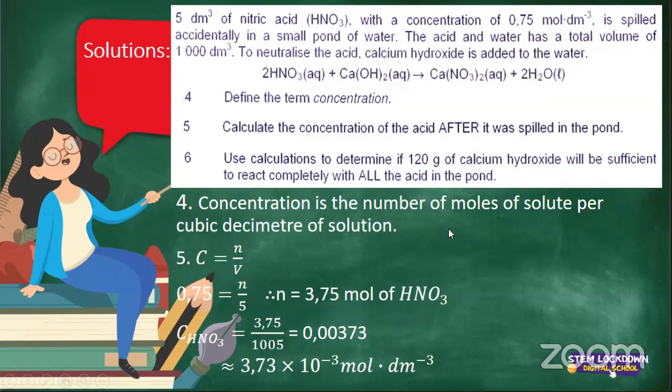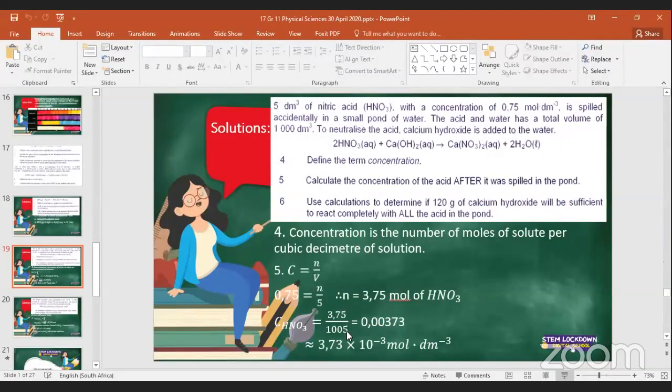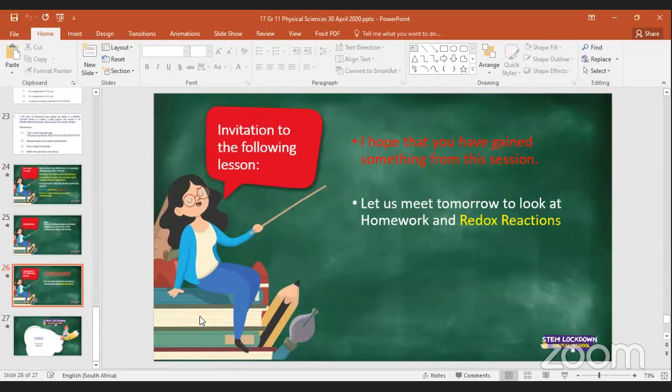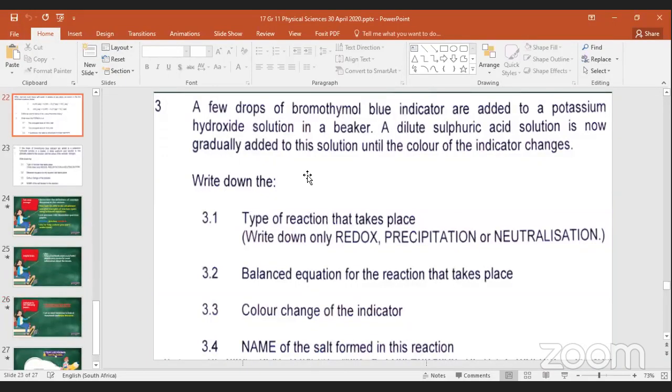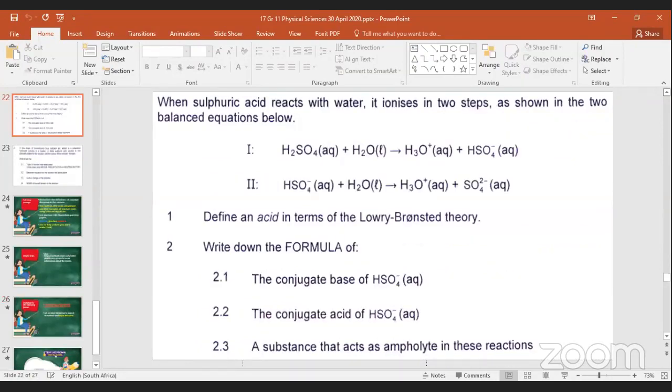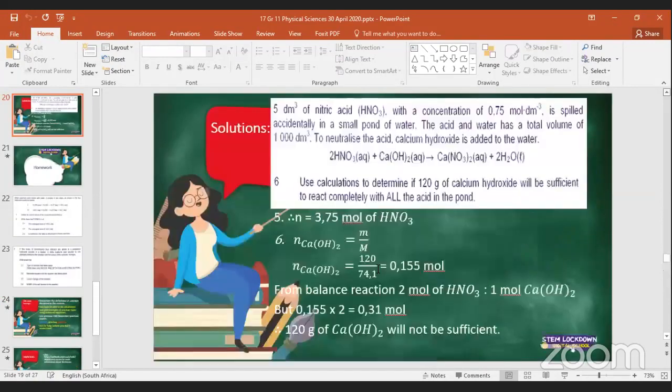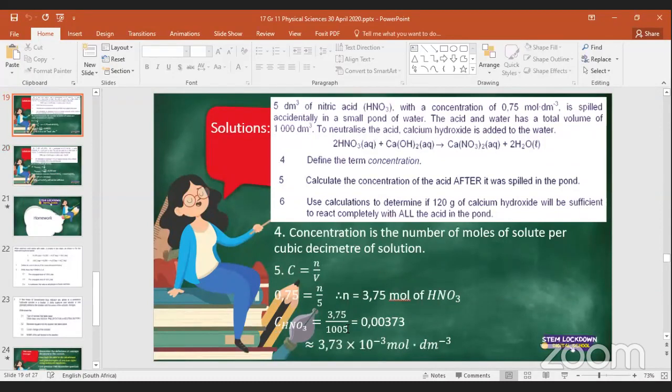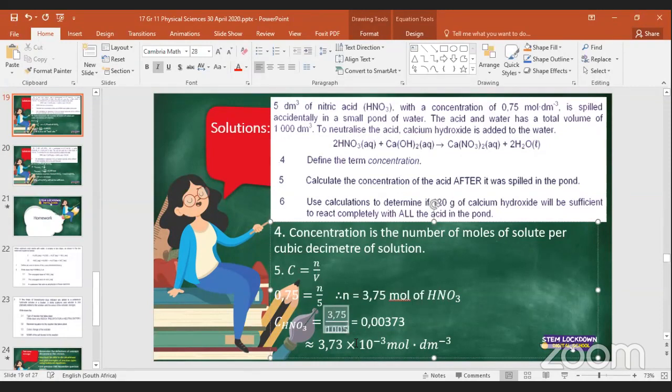So the new concentration should then read, this should be 1,000, and then here it should be 0.00375.